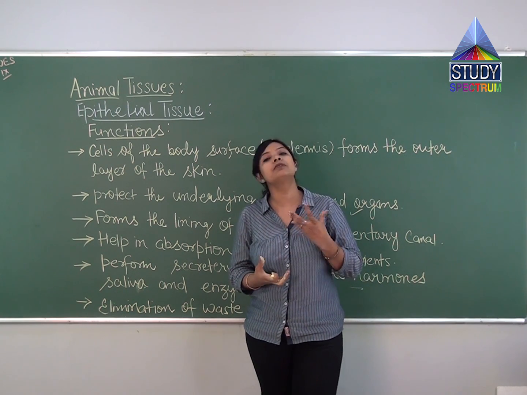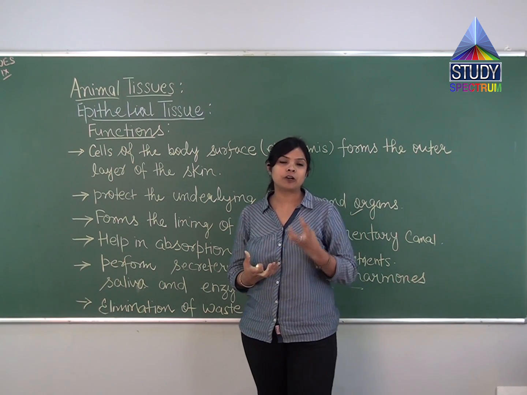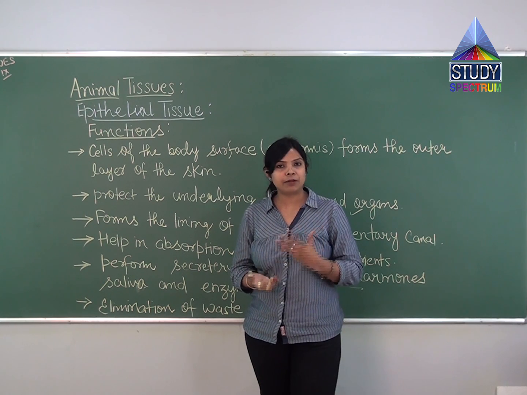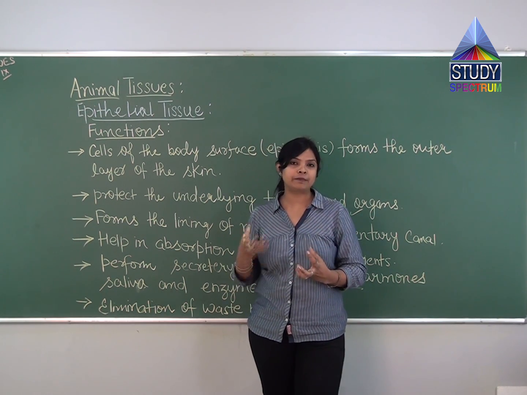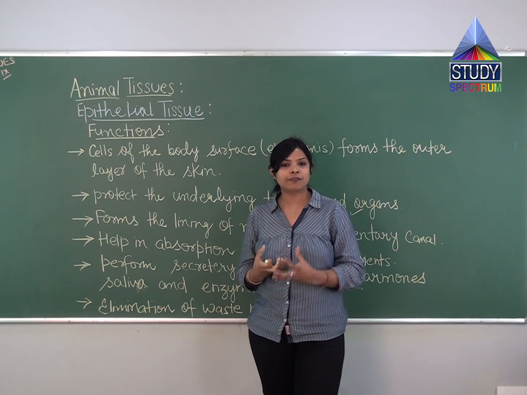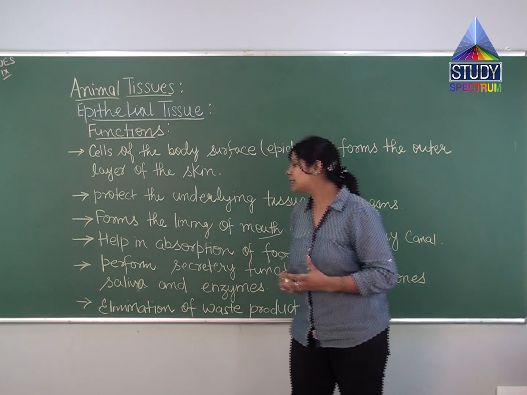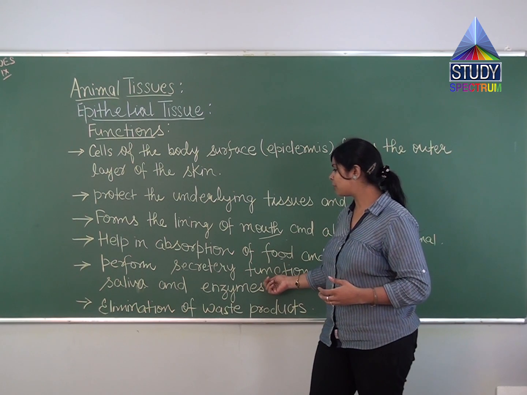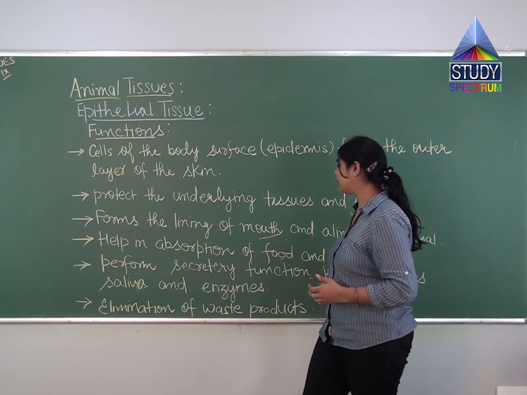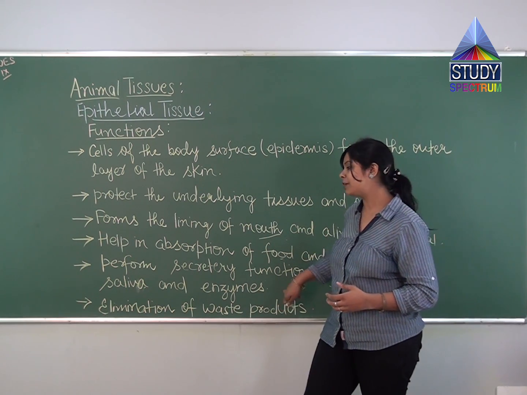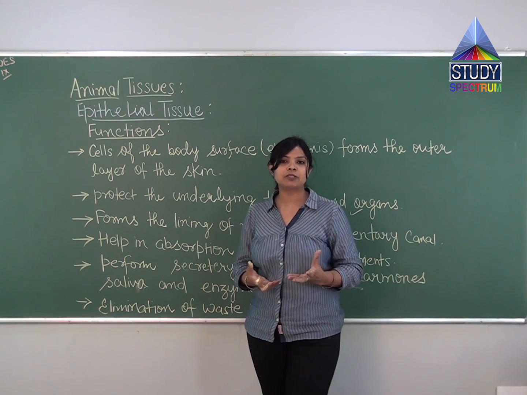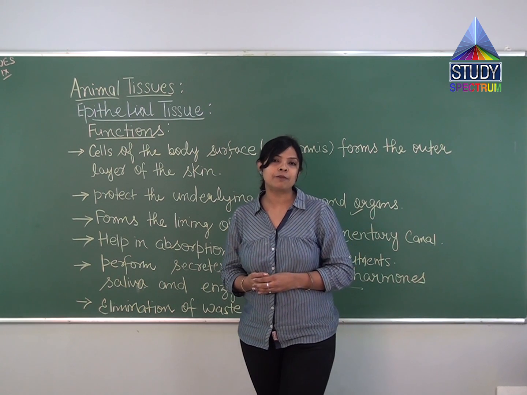Like if you see the work of the lungs, it absorbs the oxygen, and in the small intestine they help in the absorption of the nutrients from the food. They also perform the secretory function, like they secrete hormones, saliva and enzymes in our body. There are various enzymes secreted in our body.